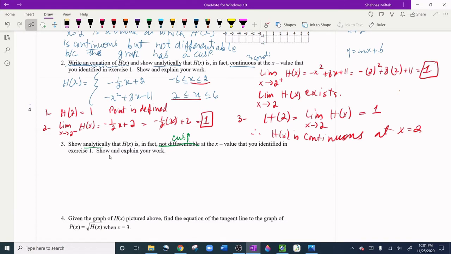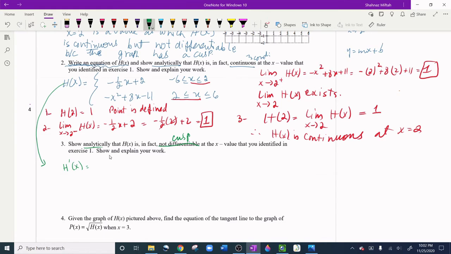So what we're going to do, this is h of x, the function that I had, which is right here. I'm going to take a derivative of this, h prime of x, because that's how we figure out differentiability.